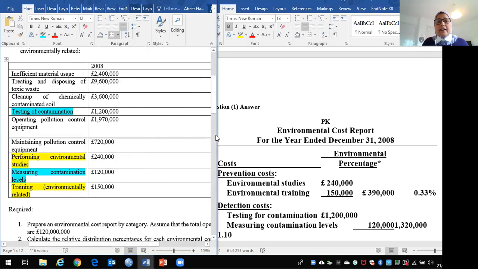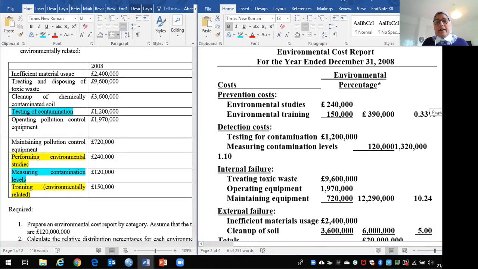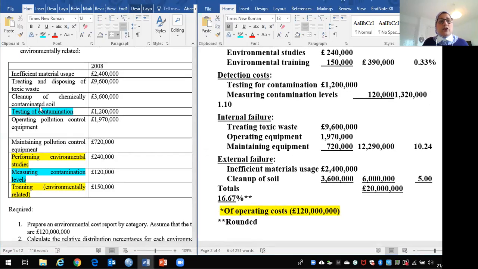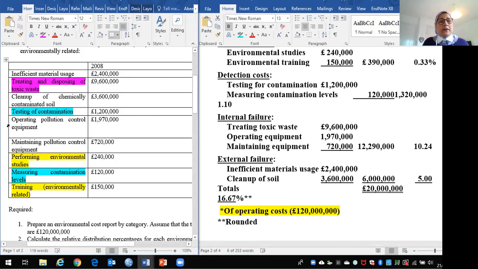And here, internal failure. Treating and disposing toxic waste, this is an internal failure. Let's make it pink. Operating equipment, internal failure, pink as well.